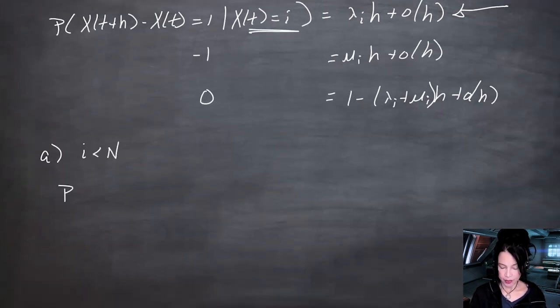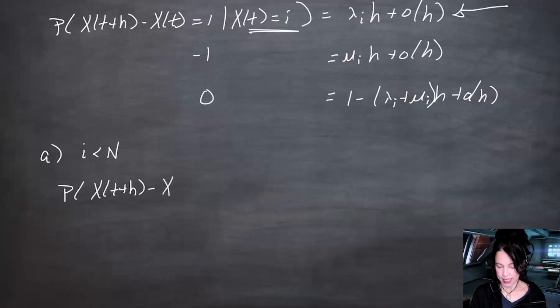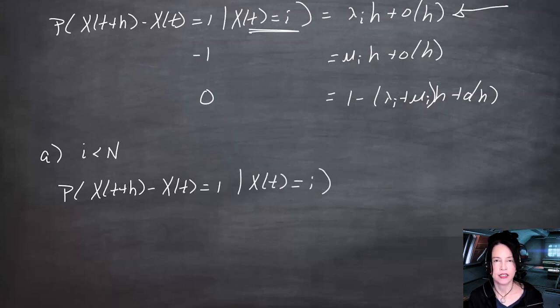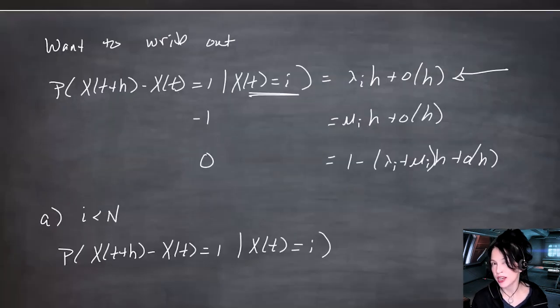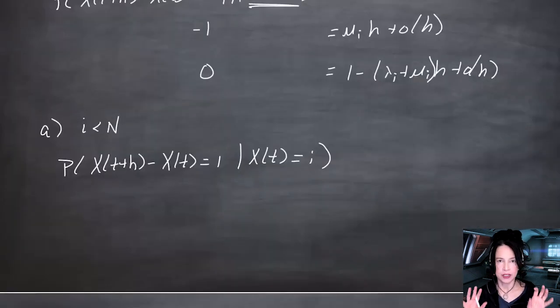And if I look at the probability that X(t+h) minus X(t) is 1, given X(t) is I, then this says we have a net increase of 1 in our population in an interval of length h. And because we're going to the definition of a birth and death process, which has these little o definitions, we want to be thinking h is small, h is small, h is small.